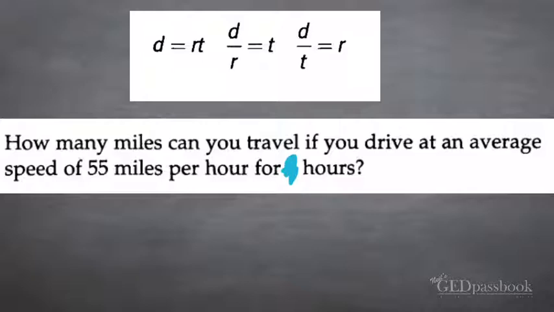Let's just cover that up for a brief second. And the question was more along the line of this: if you covered the distance of 165 miles at a speed of 55 miles per hour, how many hours did you travel for?